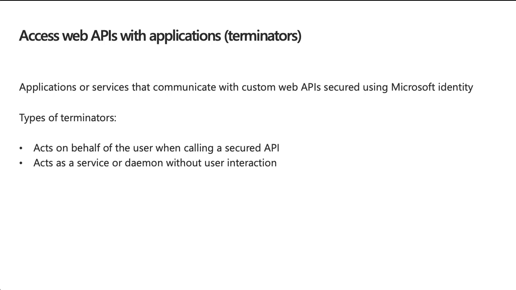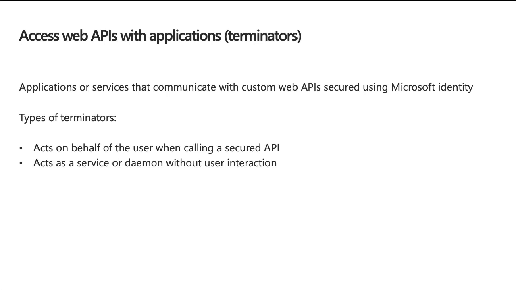There are two types of terminator applications, one that acts on behalf of a user and one that acts on behalf of itself. In the first option, on behalf of, your user authenticates and uses an application that will then make a request on behalf of the user to the secured web API. In the second option, the application acts as a service or a daemon where there's no user interaction, and in this case, the app acts as itself.